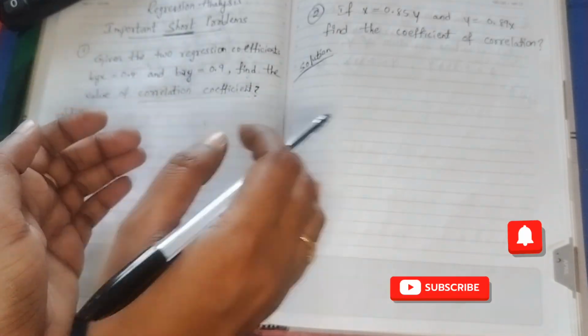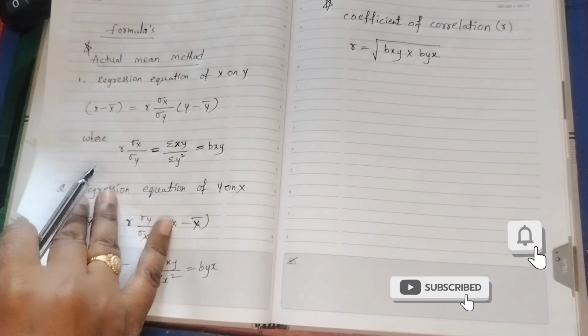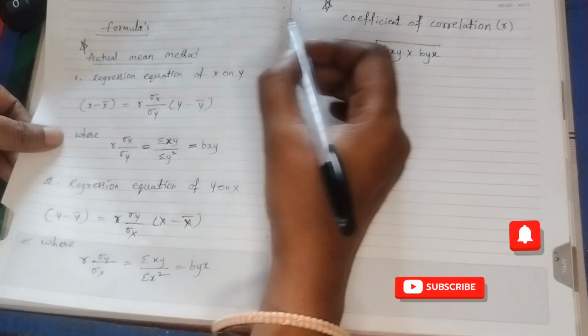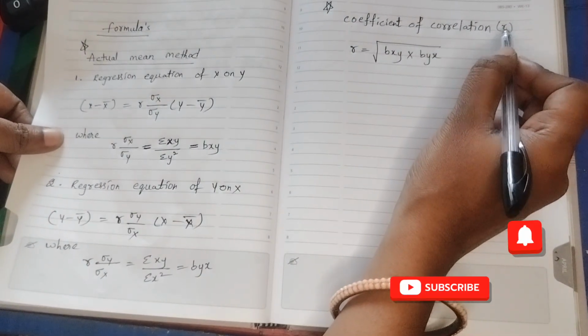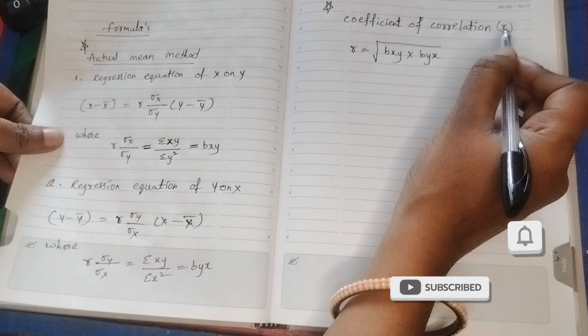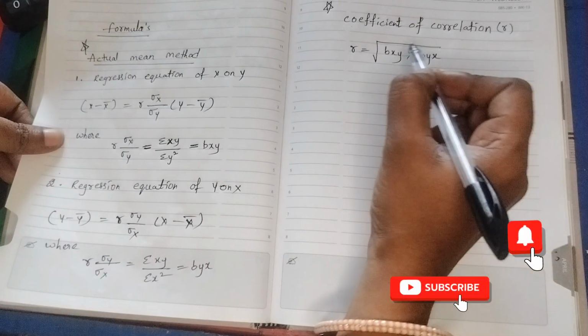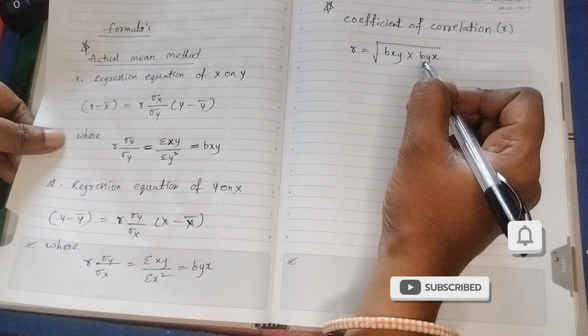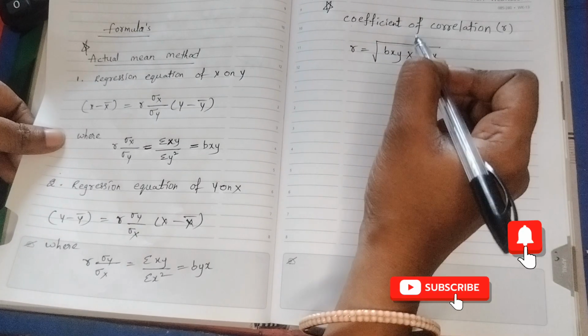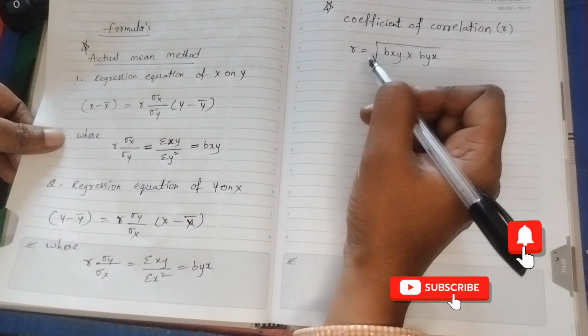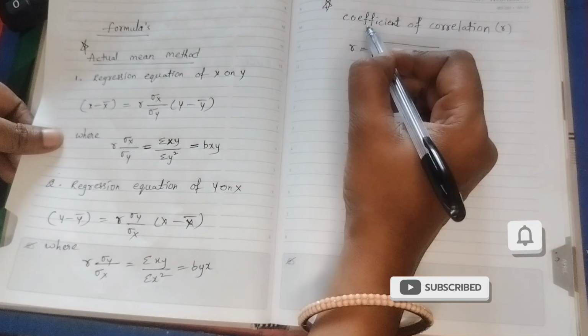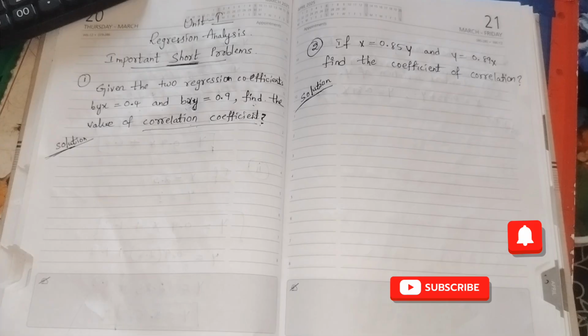You need a formula. The formula is r equals root of bxy into byx. If you know the bxy value and byx value, multiply them and take the root, and we'll get the r value.